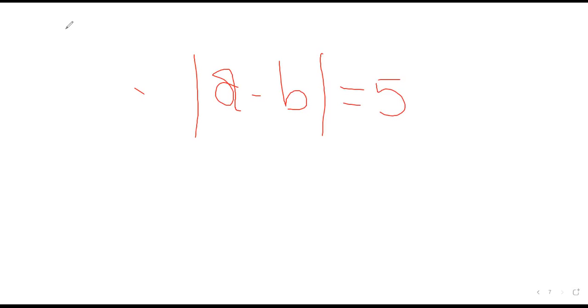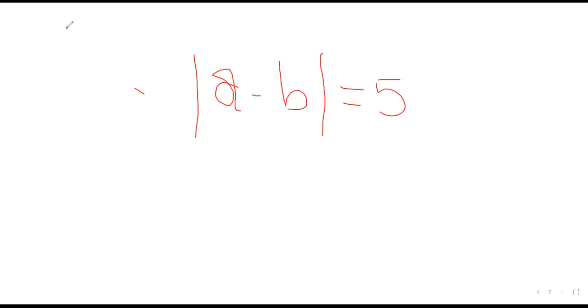What is the positive difference between the two solutions for A? So you will have to find the solutions. Positive difference of two solutions.